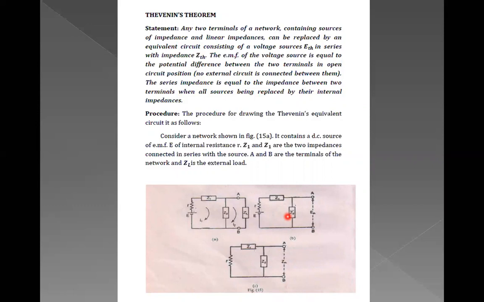The series impedance is equal to the impedance between the two terminals when all sources are replaced by their internal impedances. So what it is saying is that any linear network can be replaced with a single voltage source in series with a single impedance.